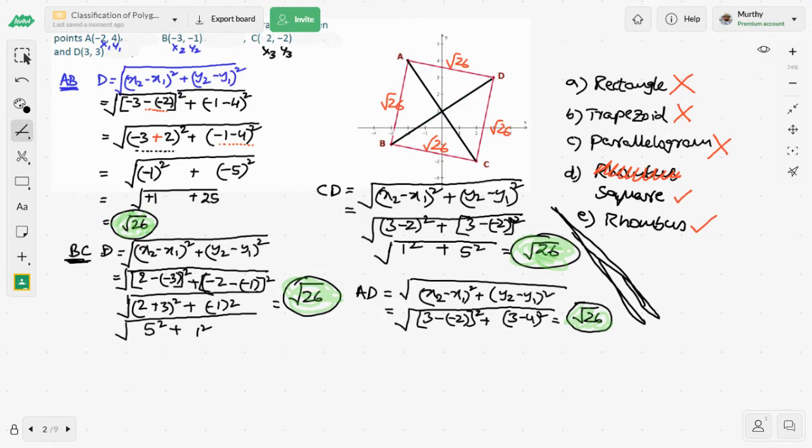Suppose the lengths of the diagonals are equal, then it is going to be the square. In case the diagonals are unequal, then it's going to be a rhombus. Okay. Questions on this? All right. So let's go to the next one.